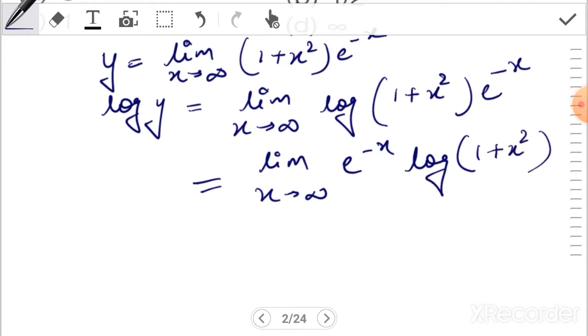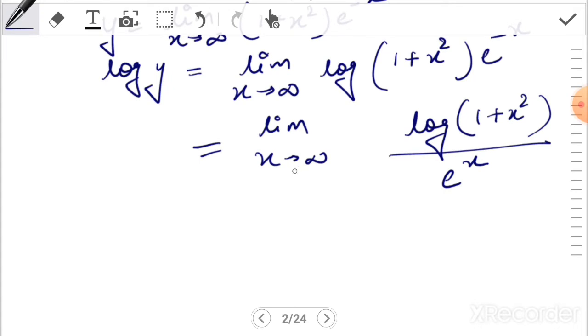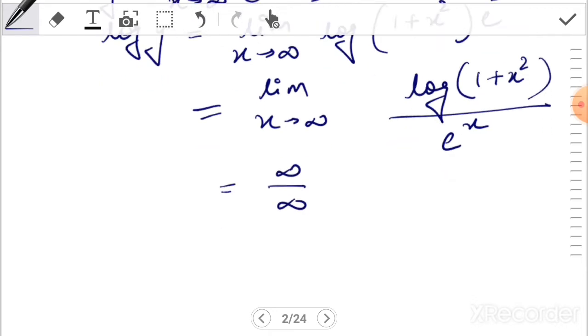Now we can take this in the denominator, so e power x. Now if you put x equal to infinity, this is in the form infinity by infinity. So now you can apply L'Hospital's rule.